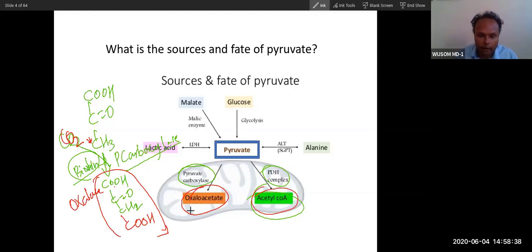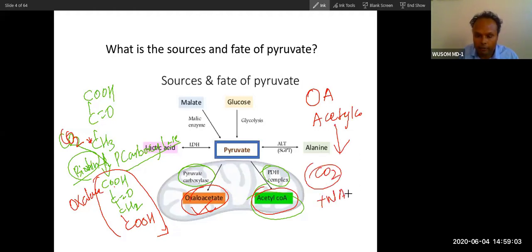This is based on need. We will talk about this reaction after we talk about the Krebs cycle. This reaction is very important because the Krebs cycle requires both oxaloacetate and acetyl coenzyme A. Acetyl coenzyme A will completely burn into carbon dioxide, giving NADH, FADH2 and ATP.